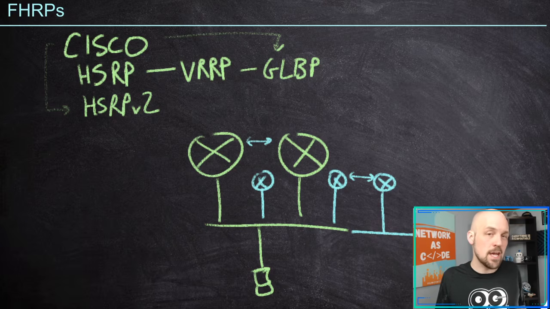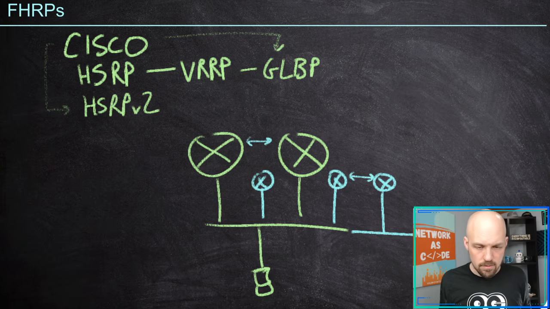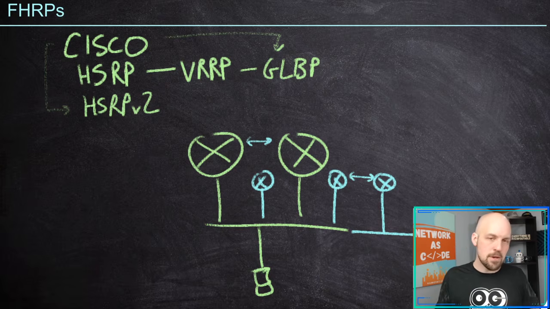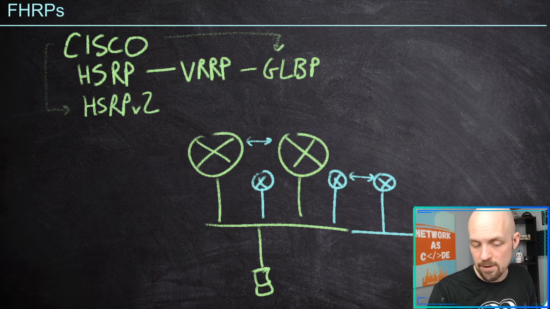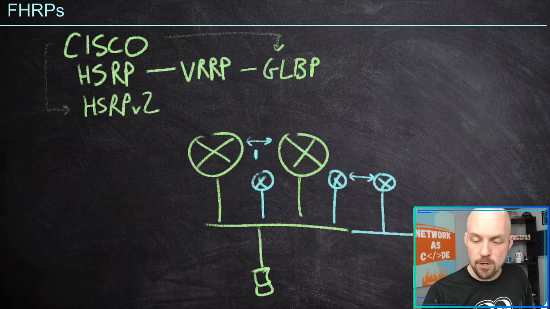If they're all talking HSRP together, I can't have them all intermingling, right? Because I just want the 2 green ones to be together, and the 2 blue ones on the right to be together. I don't want them interfering with each other. This is where groups come into play. I could assign a group to this set of routers and say, you're group number 1, and assign a different group to these 2 routers and say, you're group number 2.